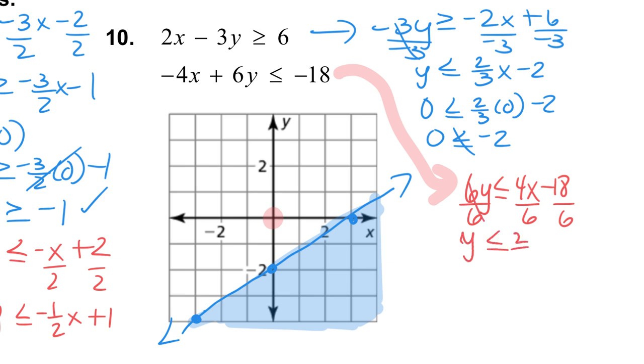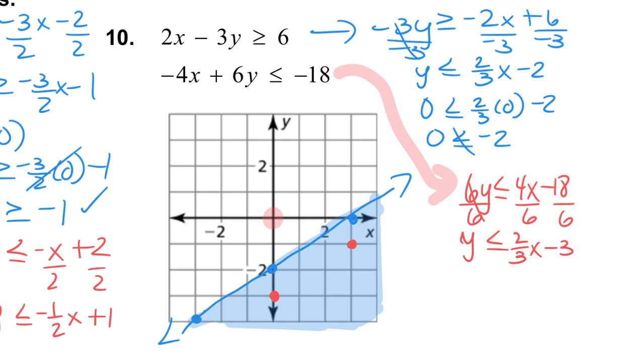I'm going to simplify my slope, just so it's easier for me to count. 2/3 x minus 3. So my y-intercept is going to be negative 3, which is right here, up 1, 2, over 3. 1, 2, 3, it's right here.